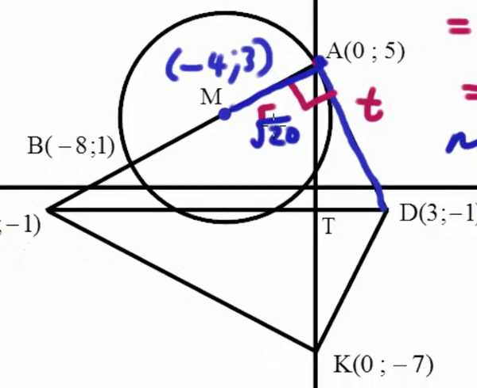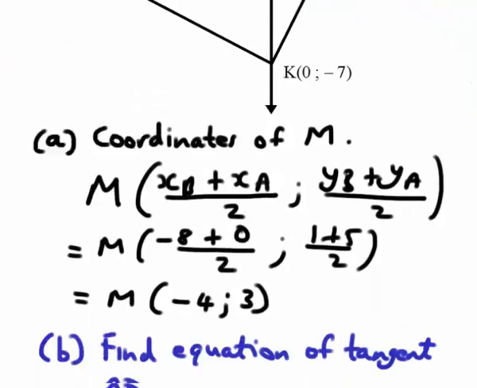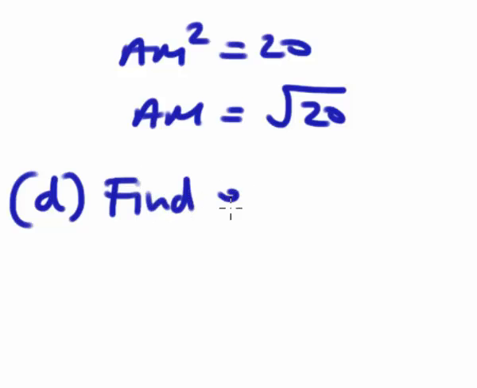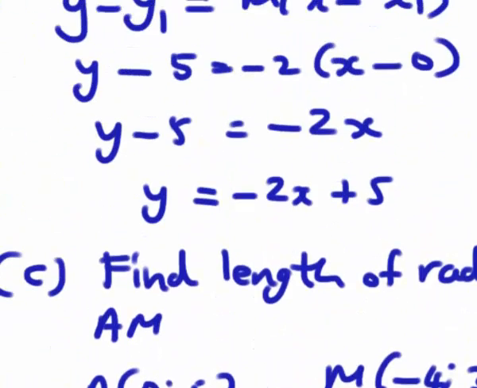Okay, how about another question that they could ask you in the exam? Number D, a typical question: what is the equation of the circle? So let's go to number D, where we're going to be finding the equation of the circle. That's quite a classic question. What do we need to get the equation of the circle?